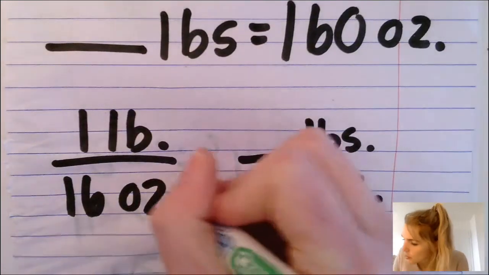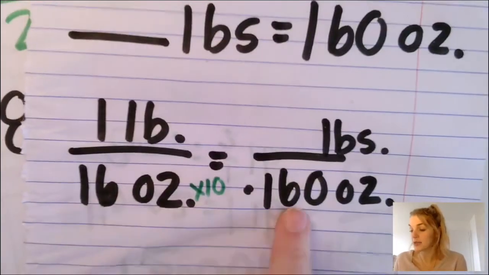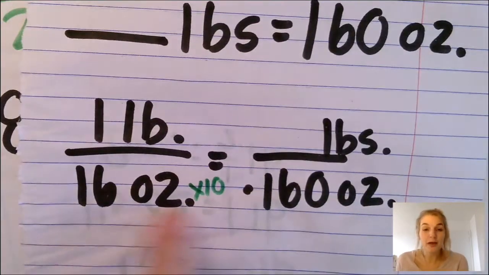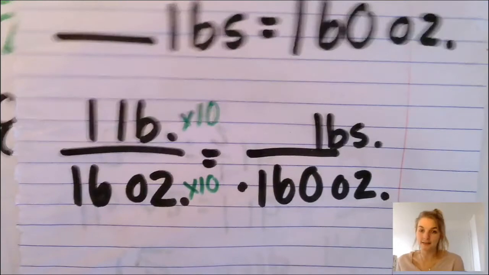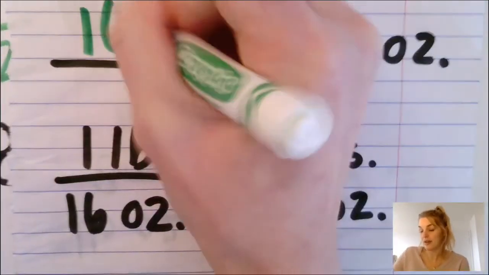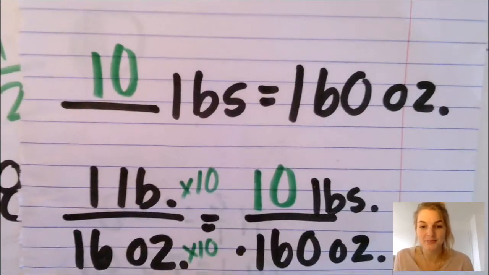I know that they must have multiplied by 10 because 16 times 1 is 16. Add your 0. So if we multiply the bottom by 10, we need to multiply the top by 10. So 1 times 10 is 10. 10 pounds is equal to 160 ounces.